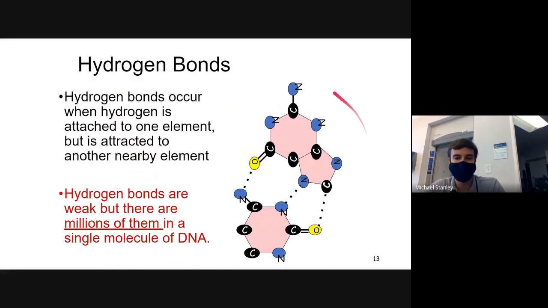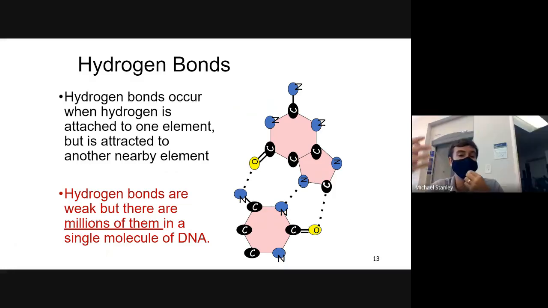I believe this is a G and this is a C. The way they're set up, when they come close together, there are 3 different areas where the hydrogen bonds have that attraction. However, when you have an A and a T close to each other, the way the atoms are set up, there are only 2 areas that have that hydrogen bond attraction.